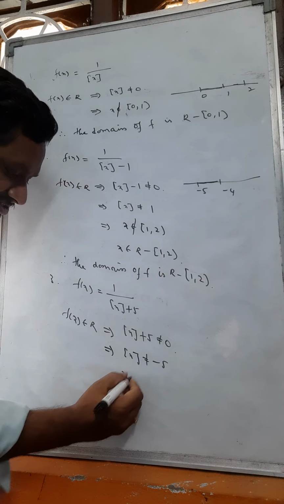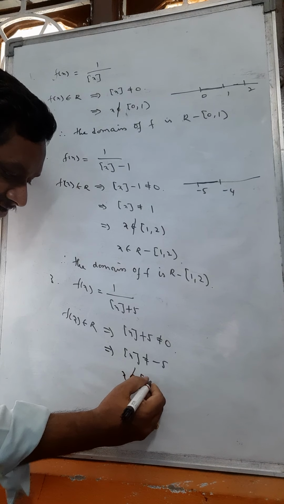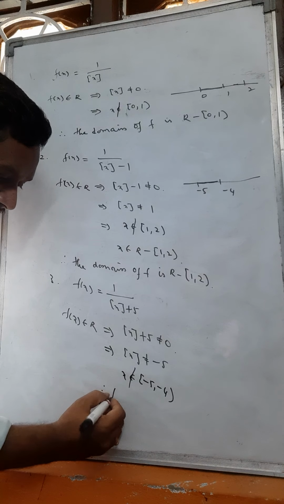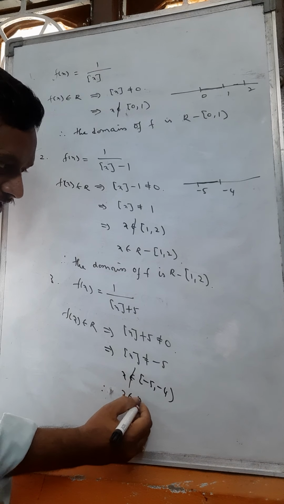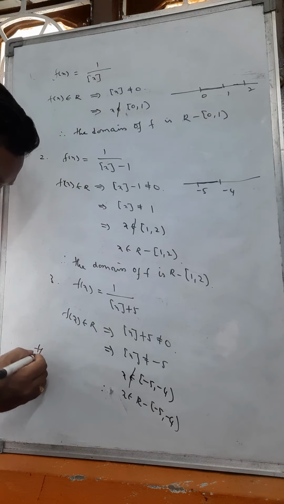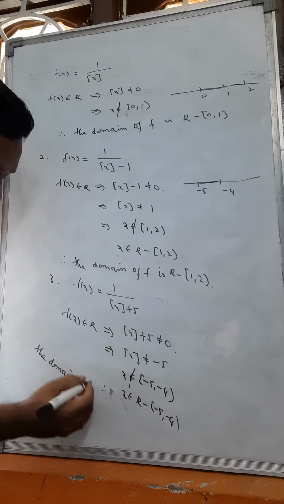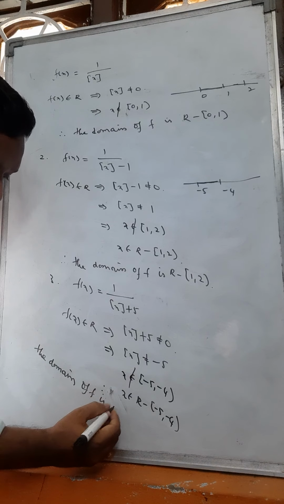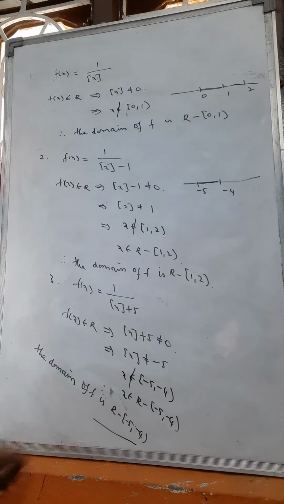So x is not in [-5, -4). So the domain of f is R minus [-5, -4).